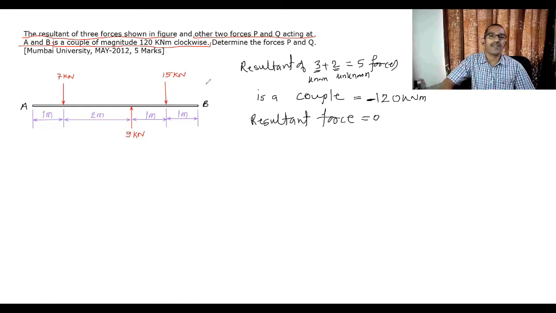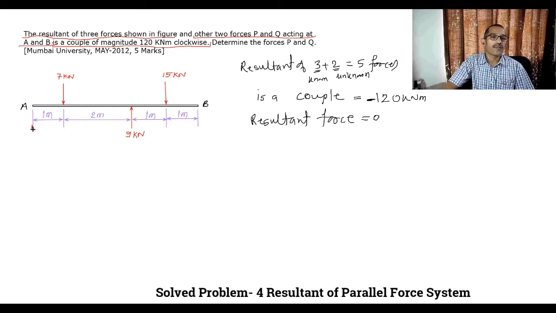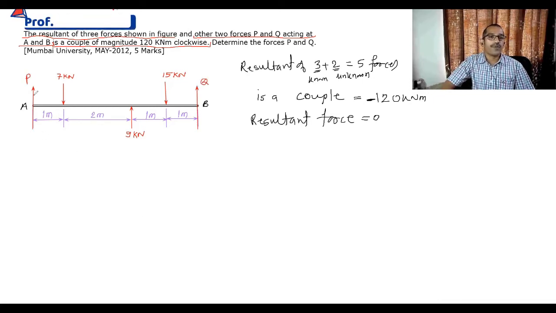Determine forces P and Q. P and Q are acting at A and B, which means P is acting at A and Q is acting at B. We'll represent these forces first. Now P and Q are acting at A and B. The direction I am assuming for P is upward, and for Q again upward.